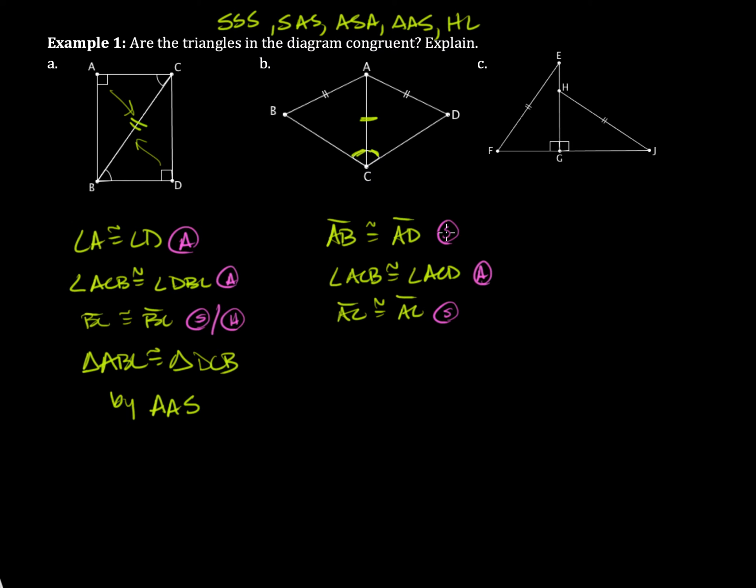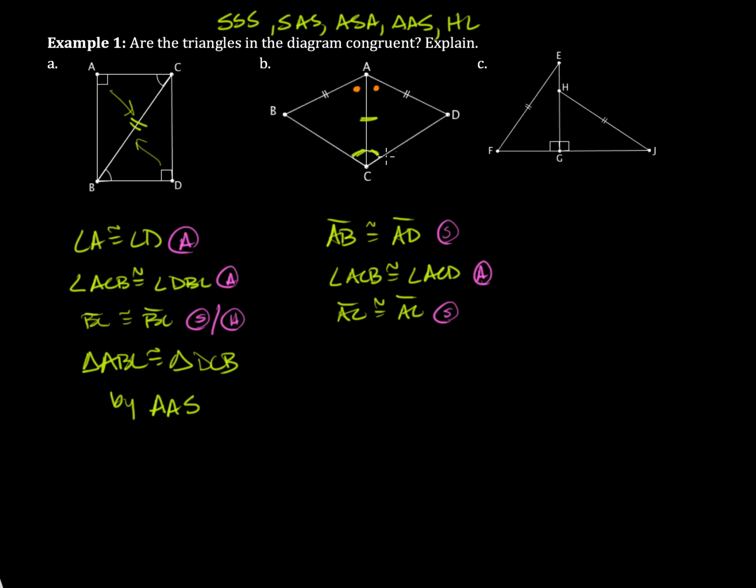And that's all I have that I know would be congruent in this picture. So now I have to evaluate. If I have two pairs of sides and one pair of angles, the only one that might be available to me is SAS. So I have to check, is my angle pair the included angles? In this picture you can see that if these are my two sides, the included angles would be right here and right here. But I don't have that those are congruent.